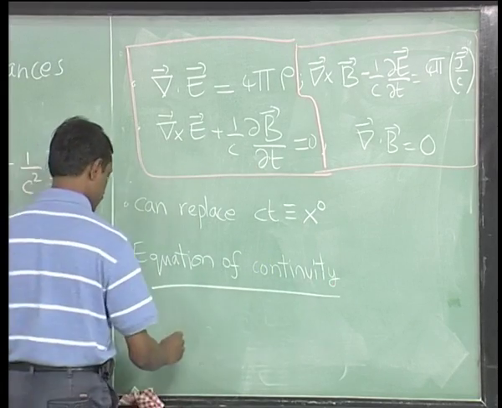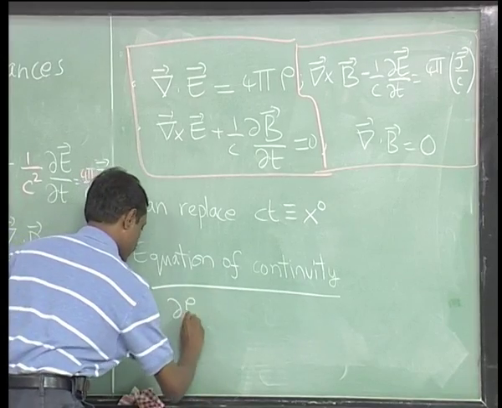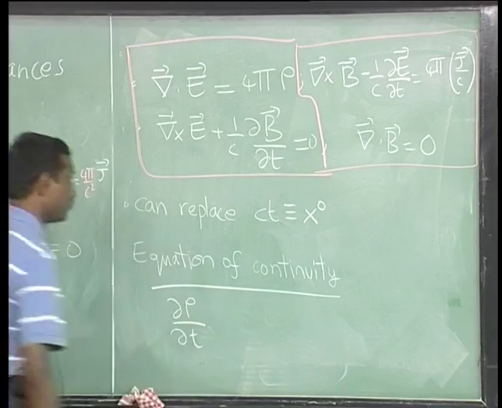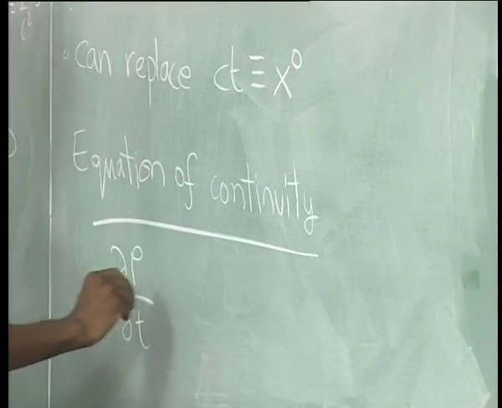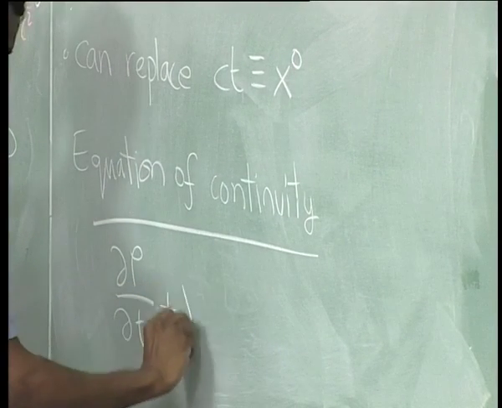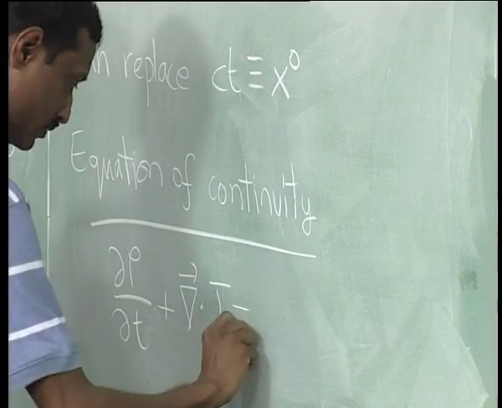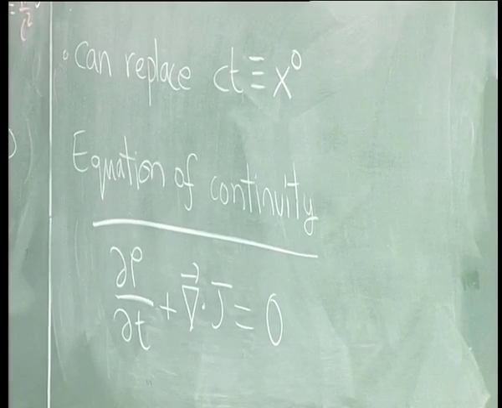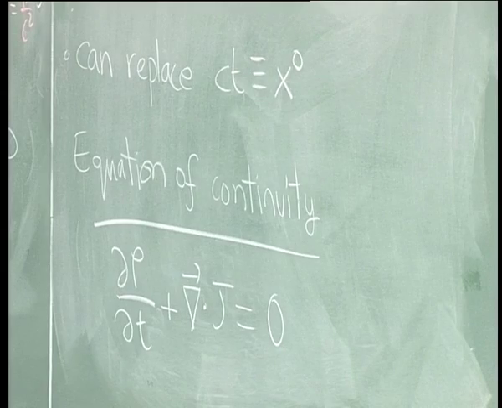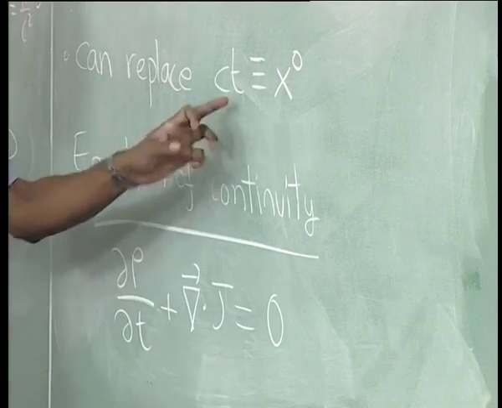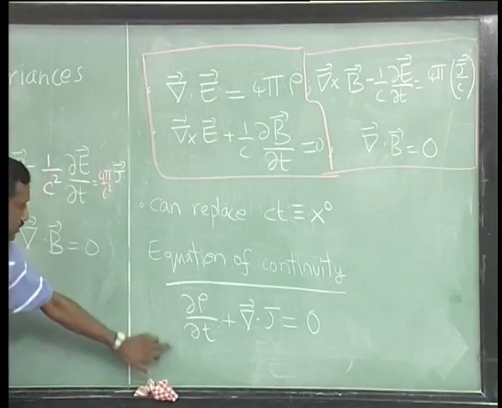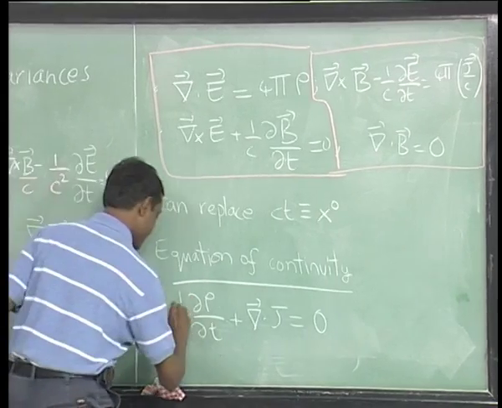which says that d rho by dt plus divergence of j equals zero. But if you wanted to write in terms of x naught, you have to put a 1 upon c out here.